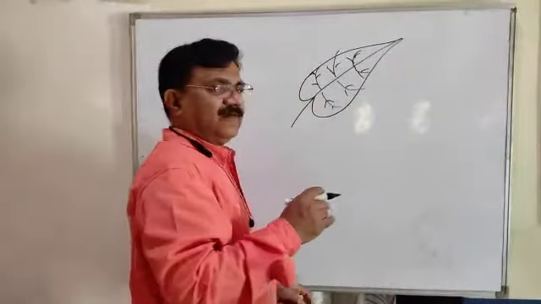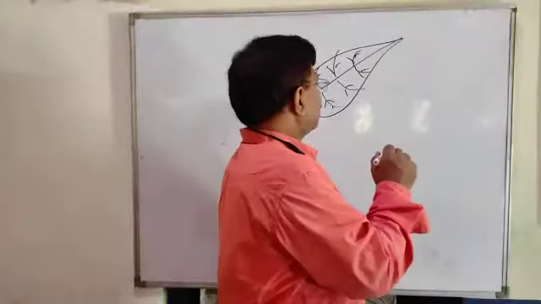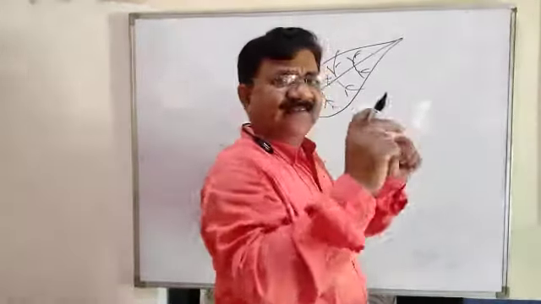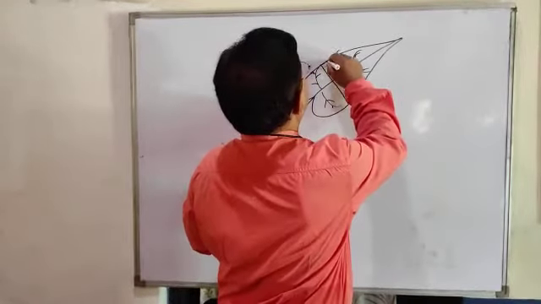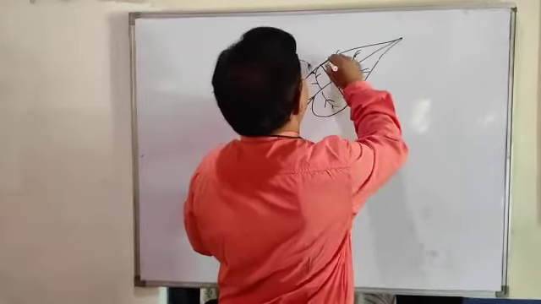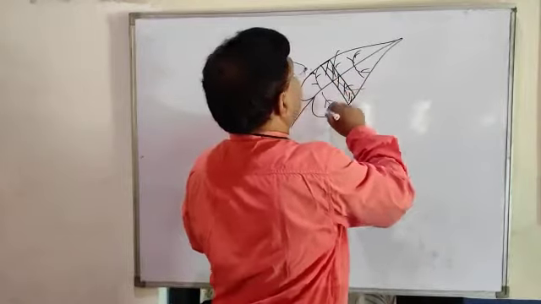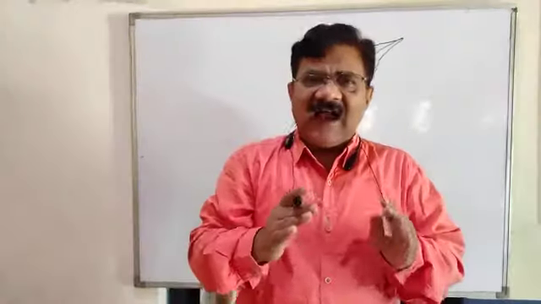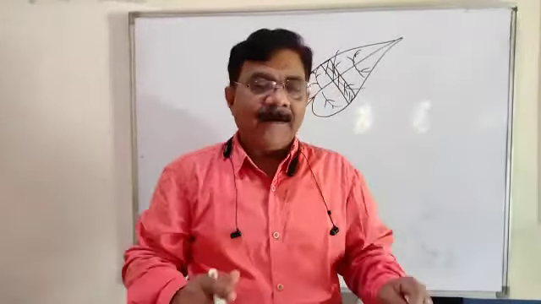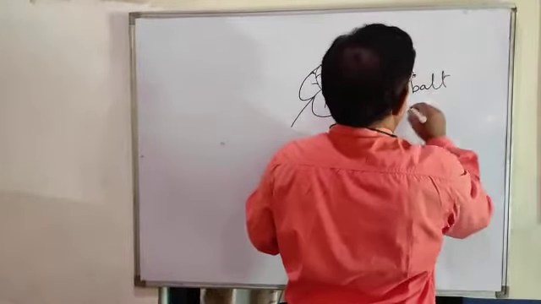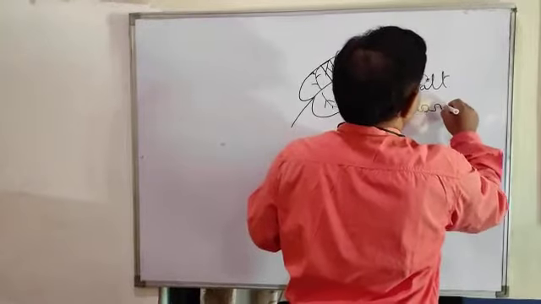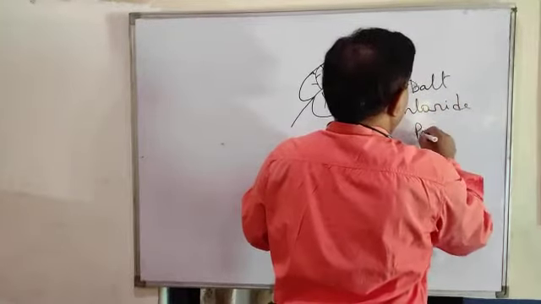On this leaf, take two glass slides and fix them like this, on both sides. Both sides fix a glass slide, and just below the glass slide put cobalt chloride paper.